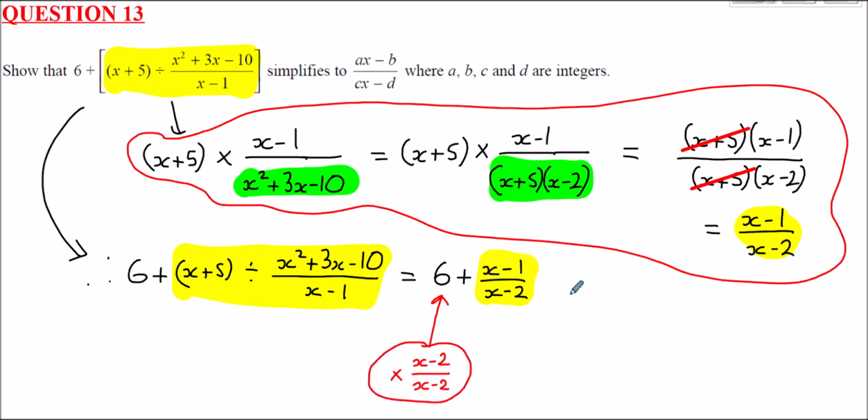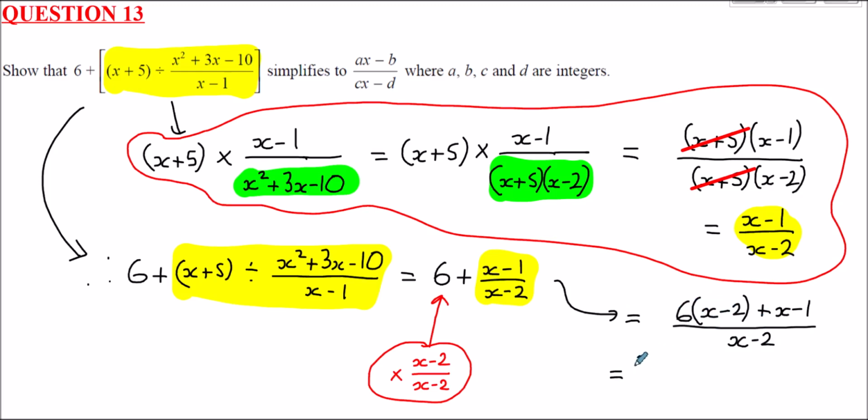And if we do that, we'll get 6 x minus 2, and because then it'll all be over x minus 2, the 6 and the x minus 2, we can combine it underneath the same denominator. So we can put it all on top, over x minus 2. So we can now expand this bit here.